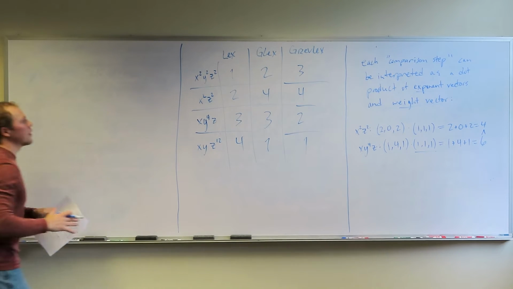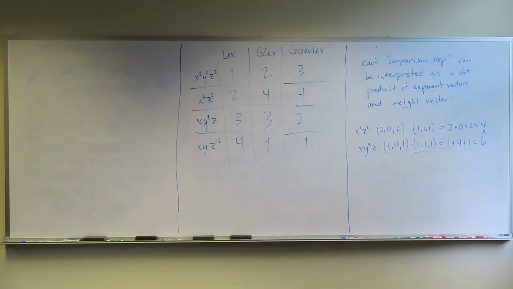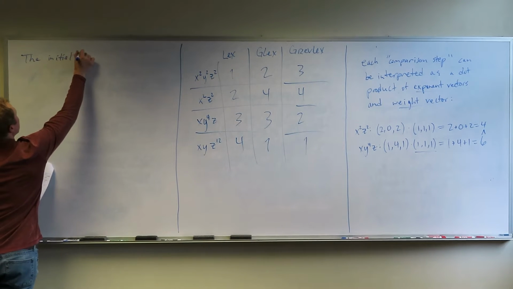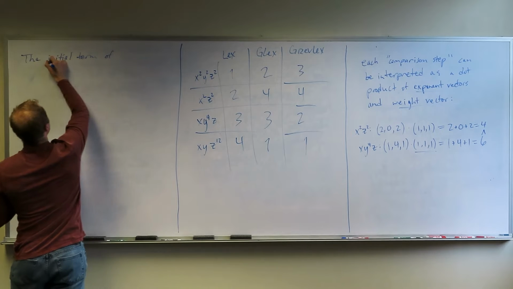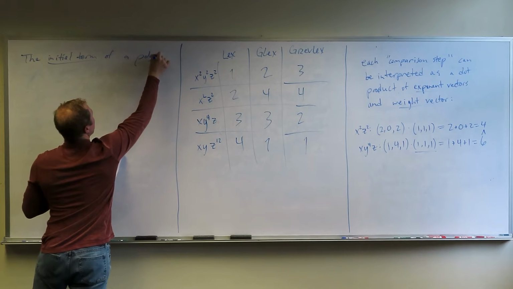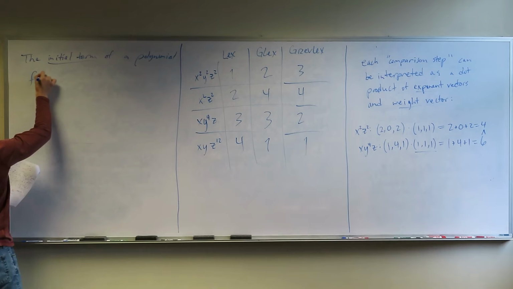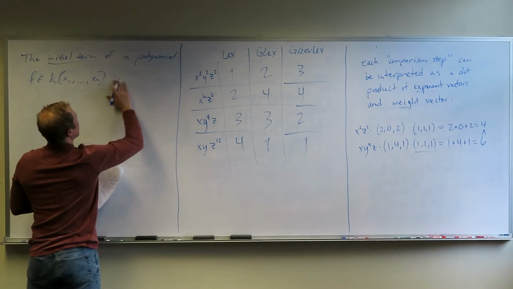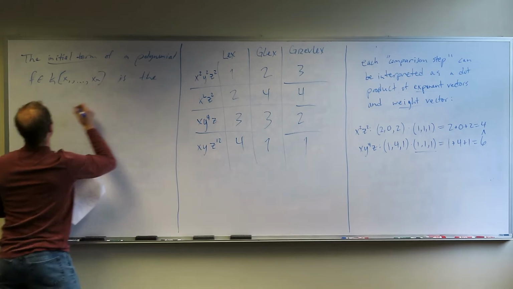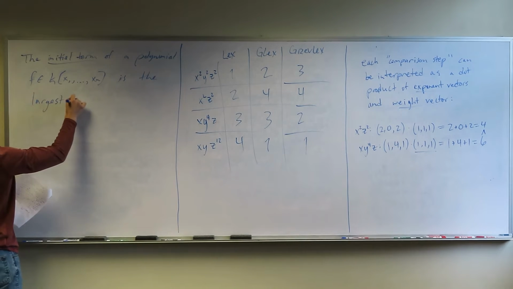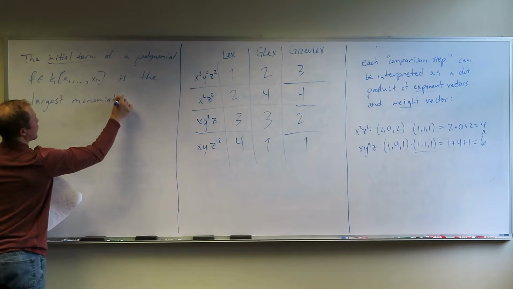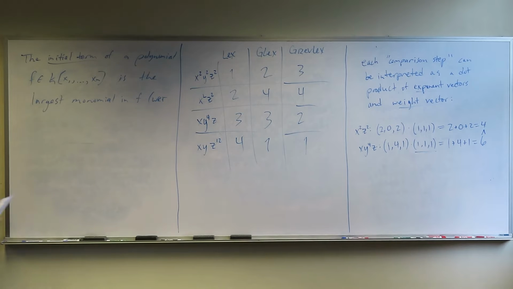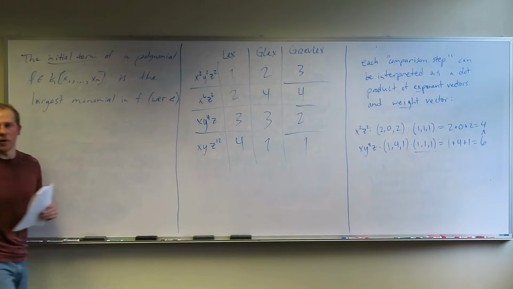So now we can sort of move on and use these monomial orders to build some more interesting things. So the initial term of some polynomial F with n variables is the largest monomial in F. Again, to even say the largest monomial, we need a monomial order, so with respect to some fixed monomial order.